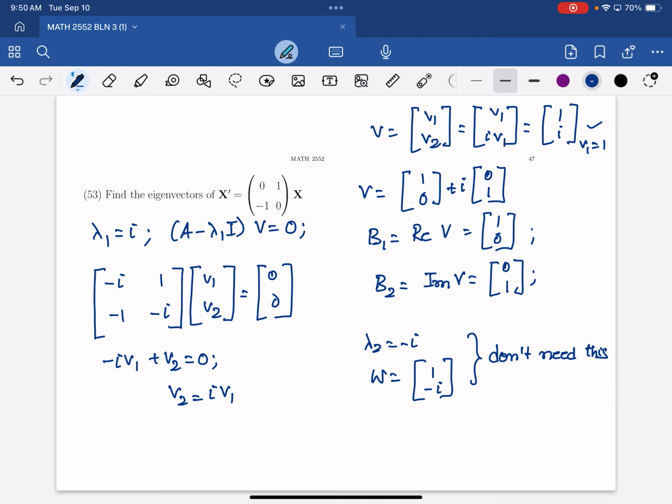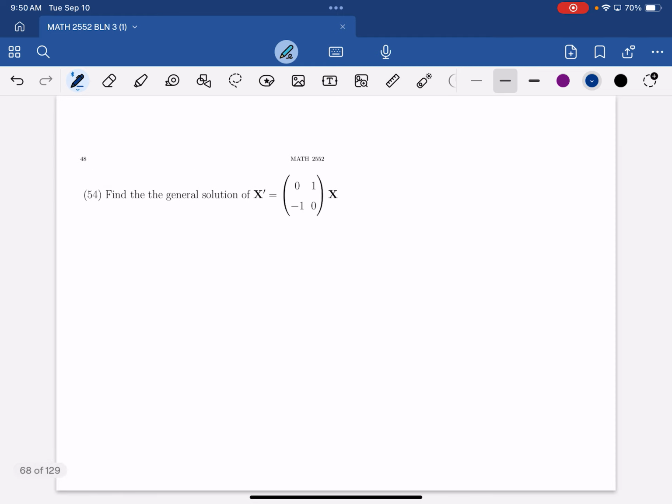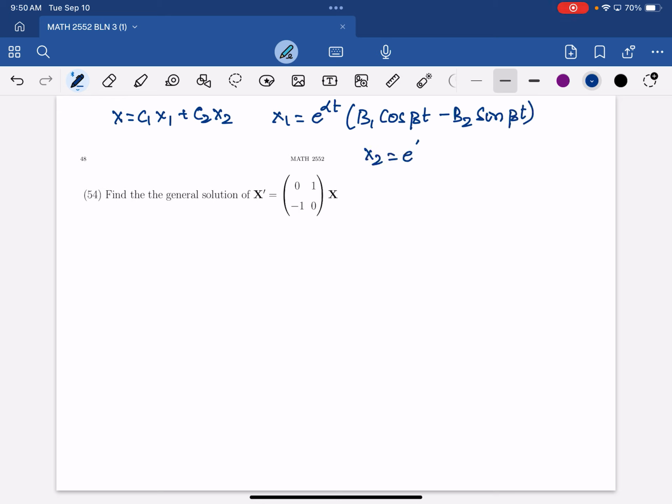Okay, so now what is my general solution? My general solution is x equals c1 x1 plus c2 x2. What is my x1? x1 is going to be e to the alpha t, b1 cosine beta t minus b2 sine beta t. x2 is going to be e to the alpha t times b1 sine beta t plus b2 cosine beta t.